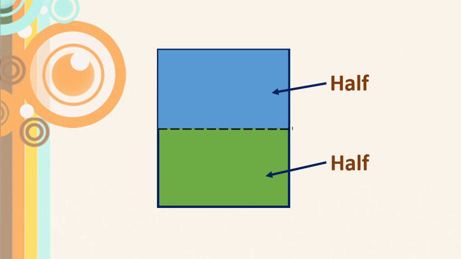Now we will color the upper portion blue. Means we can say that this paper has half blue color and half green color. Got this, children? Half means exactly cutting in the middle of that whole. You can say this is half fraction, half portion, or half part of that whole.